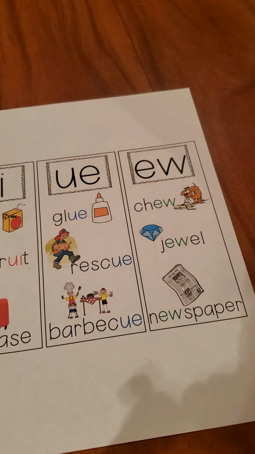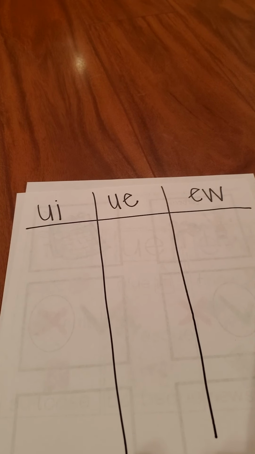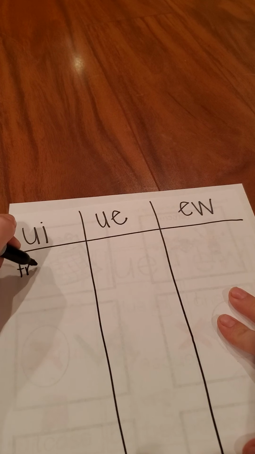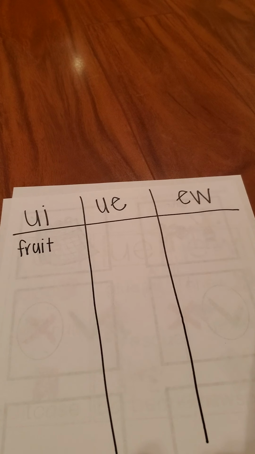I talked about this last week. What we do in class is we start with a list of words collected from the students of words that they know that have that oo sound in it. For example, if a student says fruit, I would write fruit here. This is just so if you want to do this at home with your kids, that's awesome. I just want to show you how your child's teacher would be doing it.